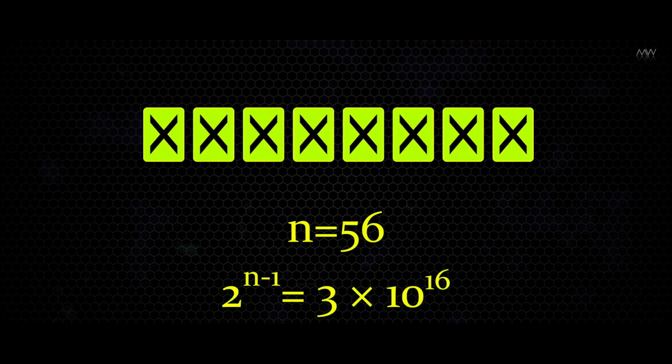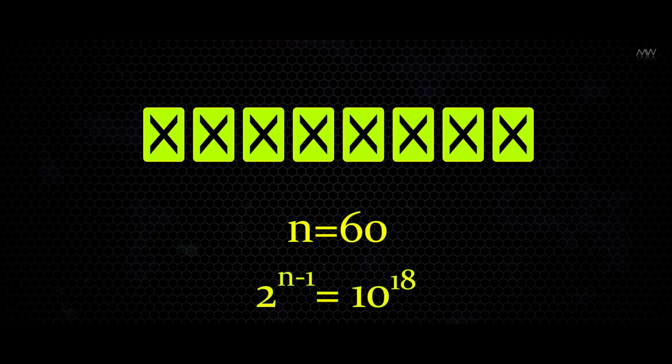This means that a computer capable of performing about 10 to the 10th power of operations per second would take about 10 to the 6th power of seconds, or something like 11 days to complete the selection. The bigger n gets, the more brutal the exponential spike. At n equals 60, it's about 10 to the 18th power of operations, which clocks in at 10 to the 8th power of seconds, or 3 years.